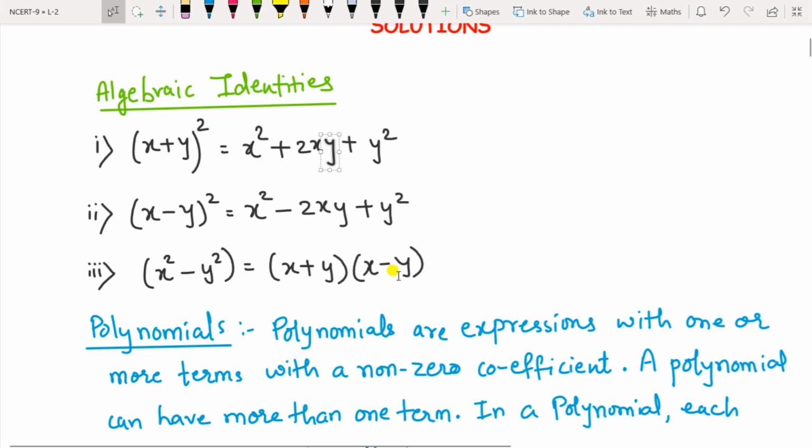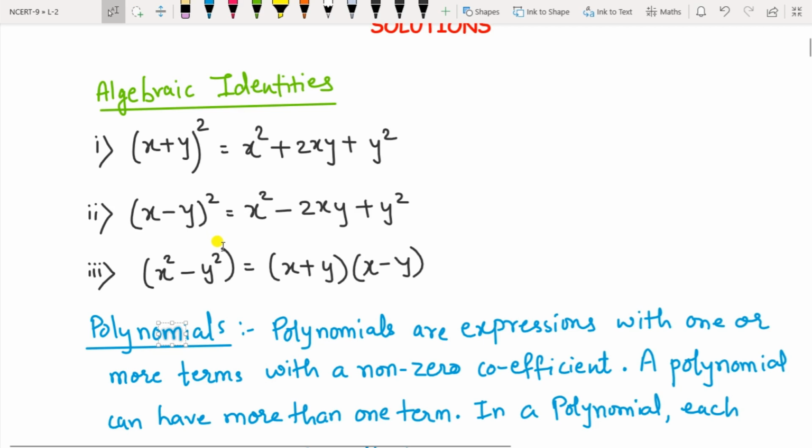Now in this chapter we are going to study a particular type of algebraic expression. Those are called polynomials, and the terminology related to them. We will also study the remainder theorem and the factor theorem and their use in the factorization of polynomials, and also some more algebraic identities and their use in factorization of given expressions.